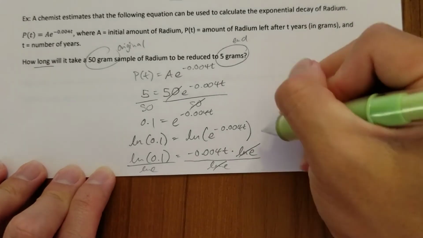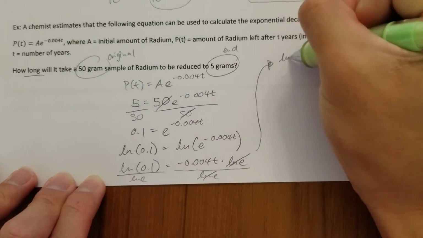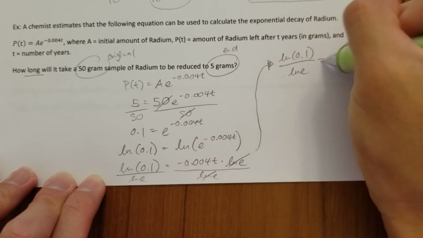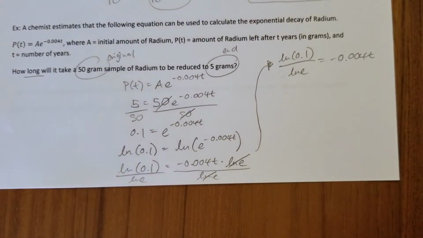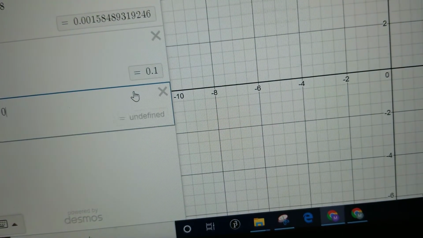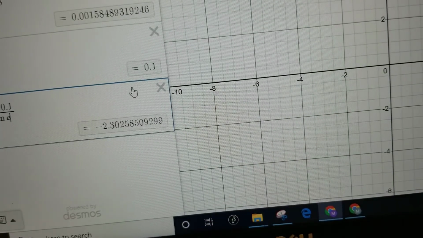So what we have up here is ln of 0.1 divided by ln of e equals negative 0.004t.